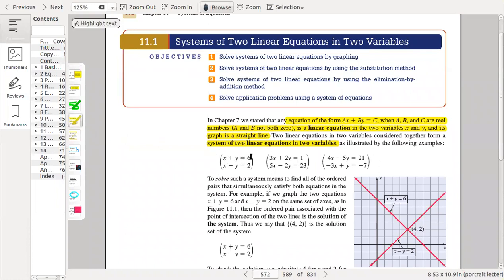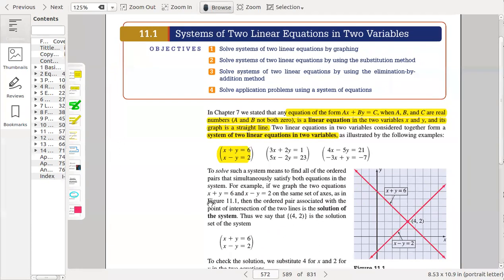One is x plus y equal to 6 and x minus y equal to 2. The other one is 3x plus 2y equal to 1 and 5x minus 2y equal to 23. The third example is 4x minus 5y equal to 21 and minus 3x plus y equal to minus 7.